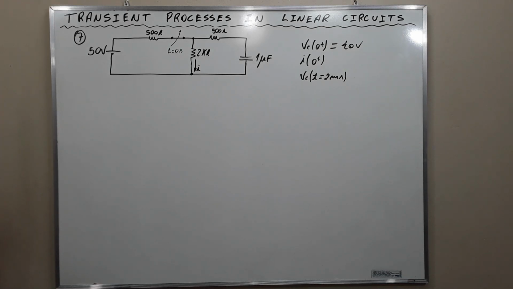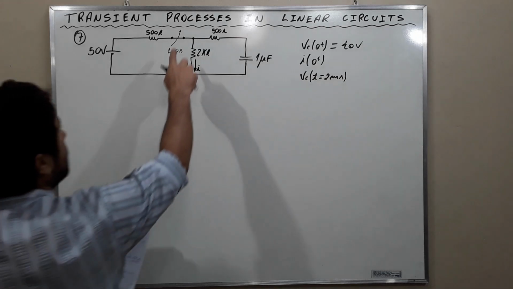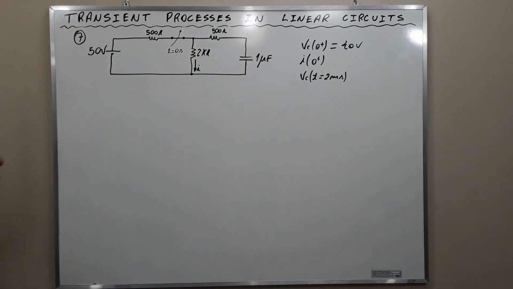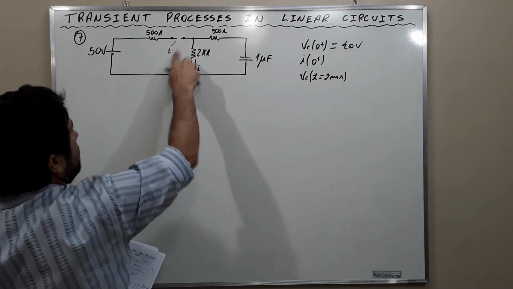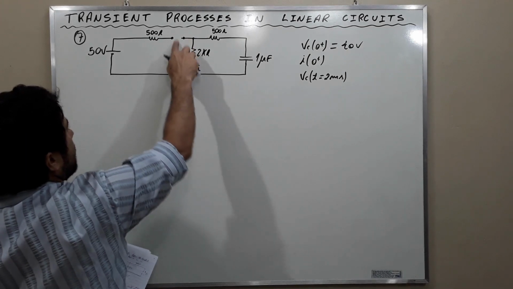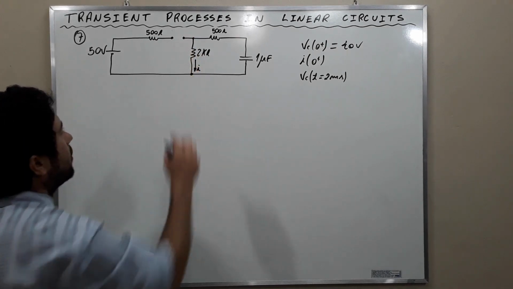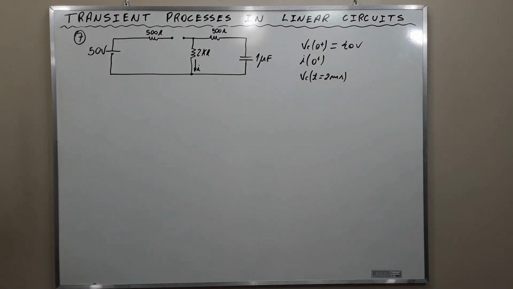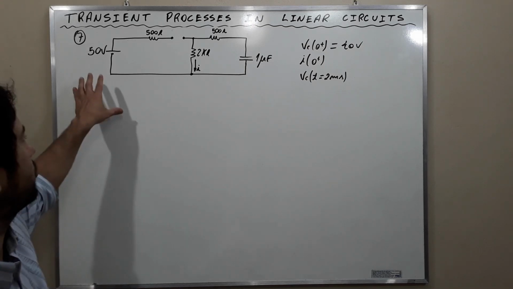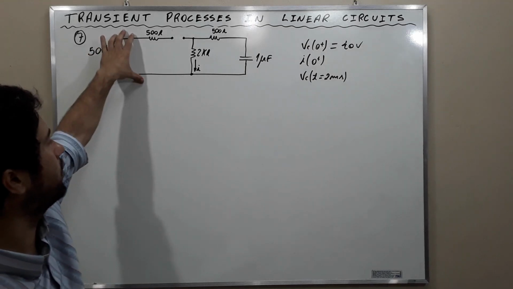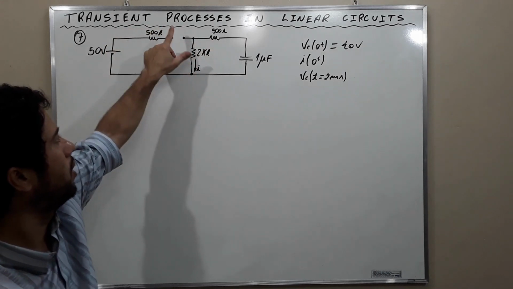Now let's work on t equal to 0 plus, after the switch is open. We're going to have it open here. The switch is going to open, and the switch is going to isolate this part of the circuit from this part of the circuit.